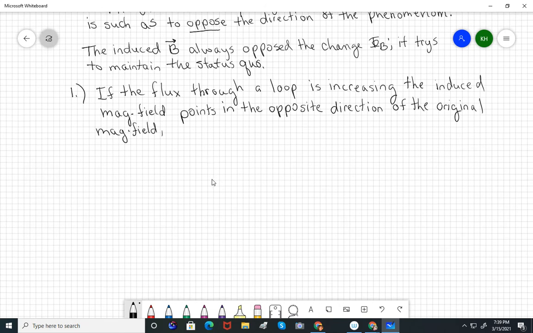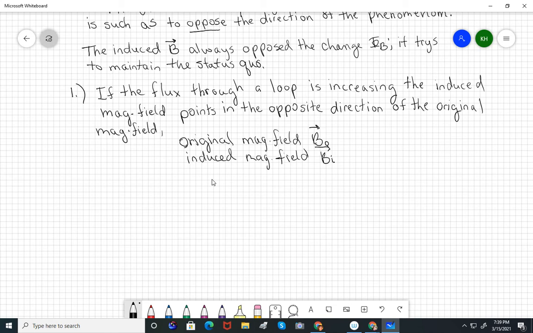To make this a little easier to understand, we're going to label some things. The original magnetic field I'm going to call B0, for original, and the induced I'm going to call BI. So we know one of them was the original, one of them's induced.